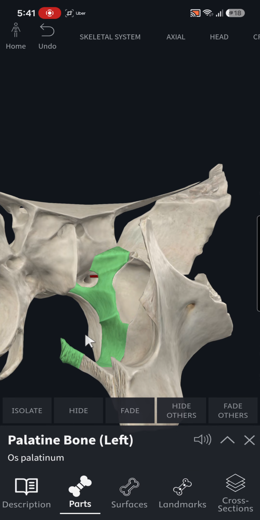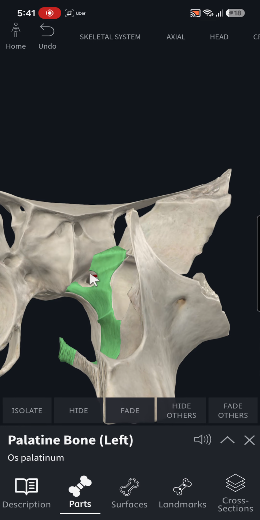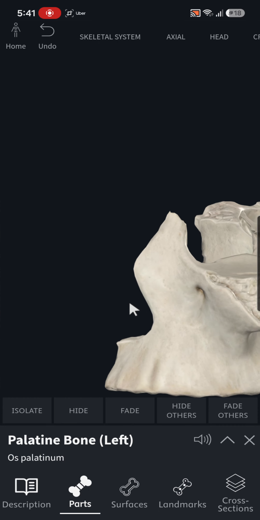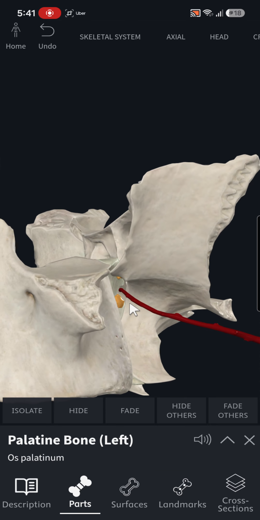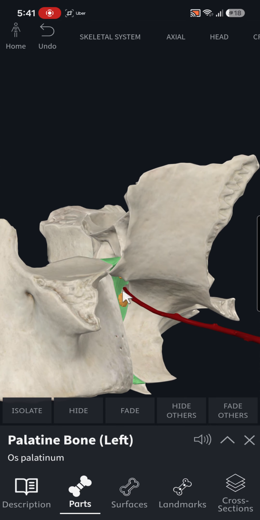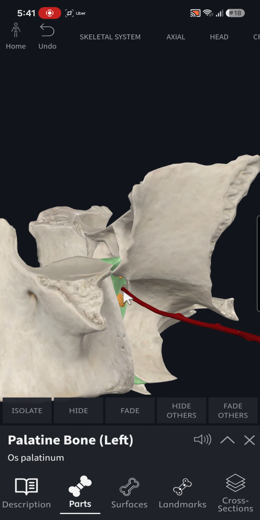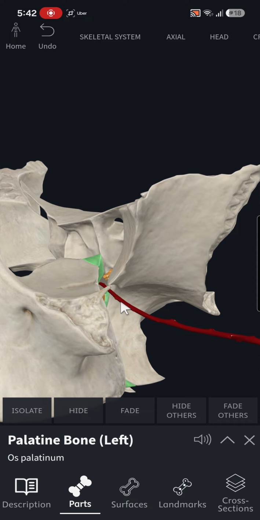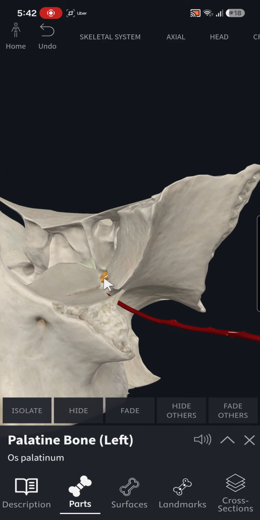So here we have the sphenoid bone right here, and this is the palatine bone, and this is the maxillary bone. So here is the pterygomaxillary fissure, and this is the fissure where the maxillary artery enters the fossa. Here also the fossa contains the pterygopalatine ganglion, and here is the maxillary nerve.